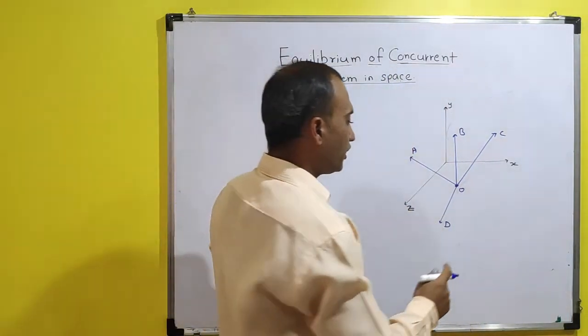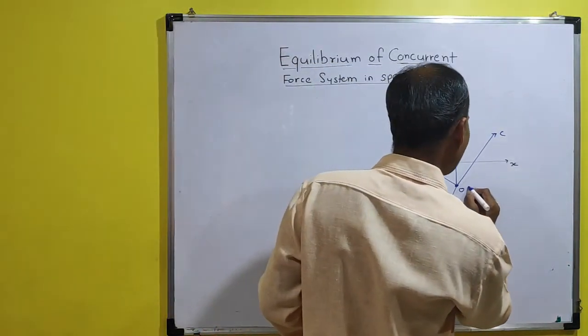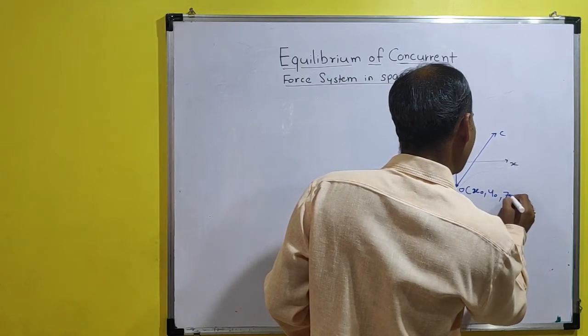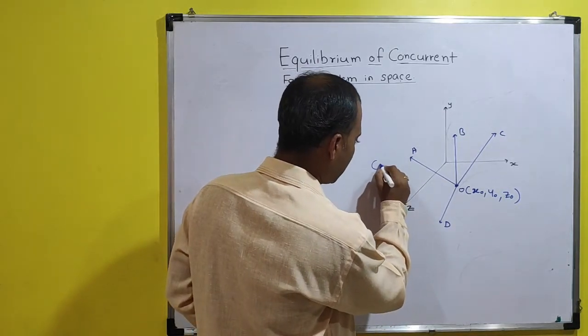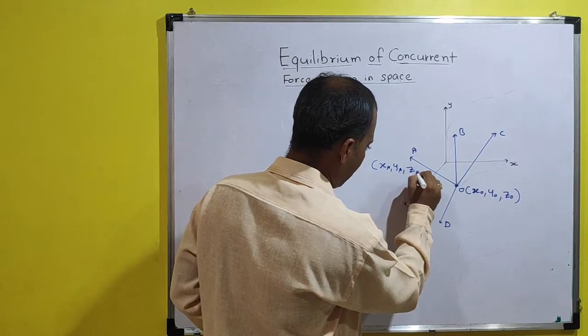Then the coordinates are known to us, so consider the coordinates for this point O as XO, YO and ZO. Similarly, for A we will consider XA, YA and ZA.